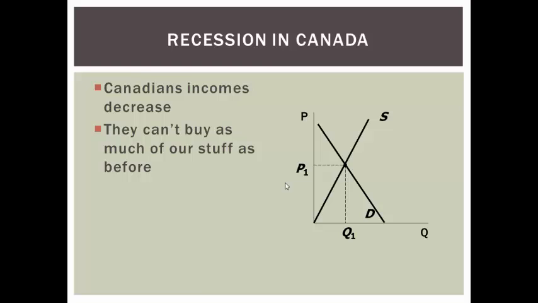They can't buy as much of our stuff as before. Demand for dollars decreases. Once again, the dollar depreciates. So when there's a recession in other countries, it's not good for our country either. They're not going to purchase as many of our products, and we can see that recession leads to depreciation of our United States dollar.